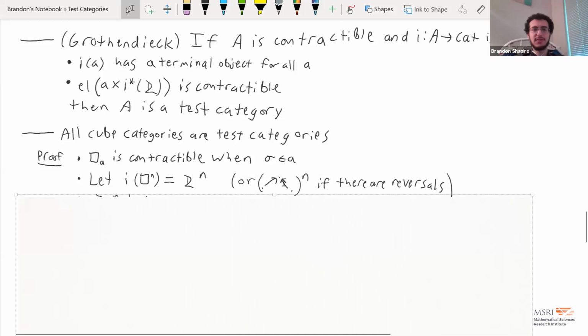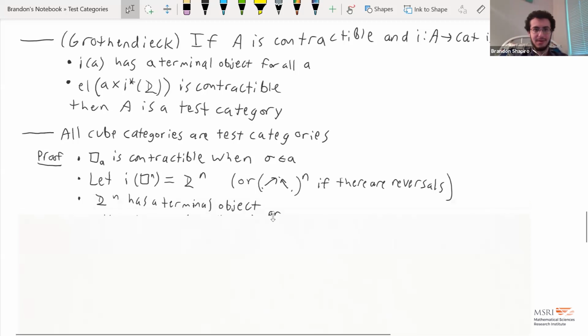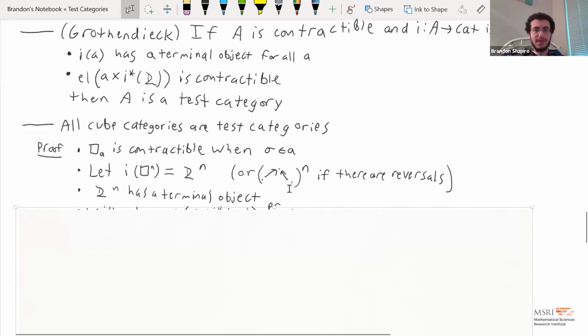And if there are reversals, we don't want to do that, for the reasons I mentioned before, and then we're going to use this category instead with 2 arrows. And both of these categories have terminal objects, as do all of their products, so we're good on that front.